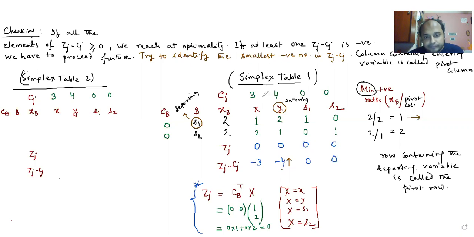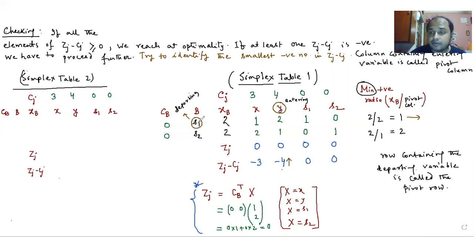Okay, so the first row is the pivot row. The variable column, I'm counting from here, these columns are actually fixed always. The variable column, it is the second column. The second column is the pivot column. The first row is the pivot row.